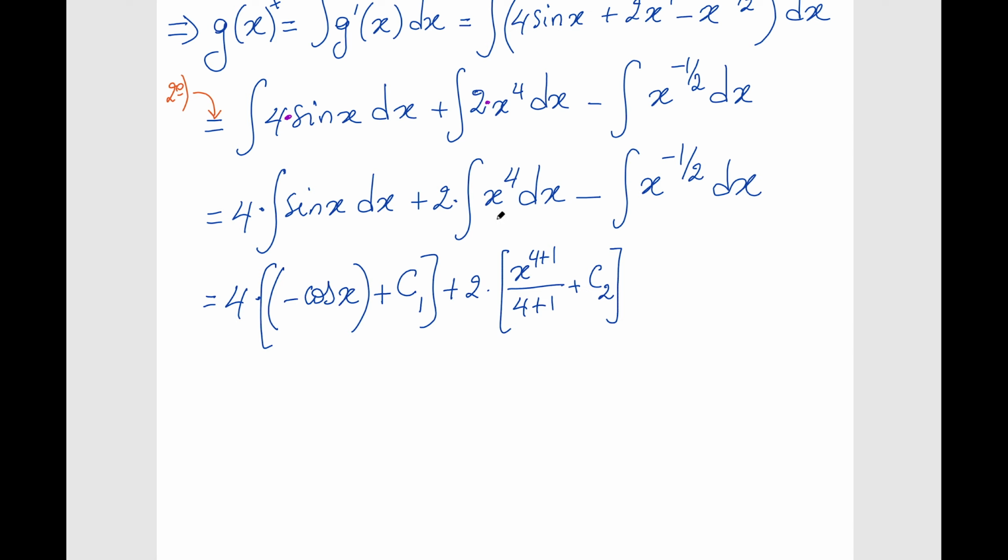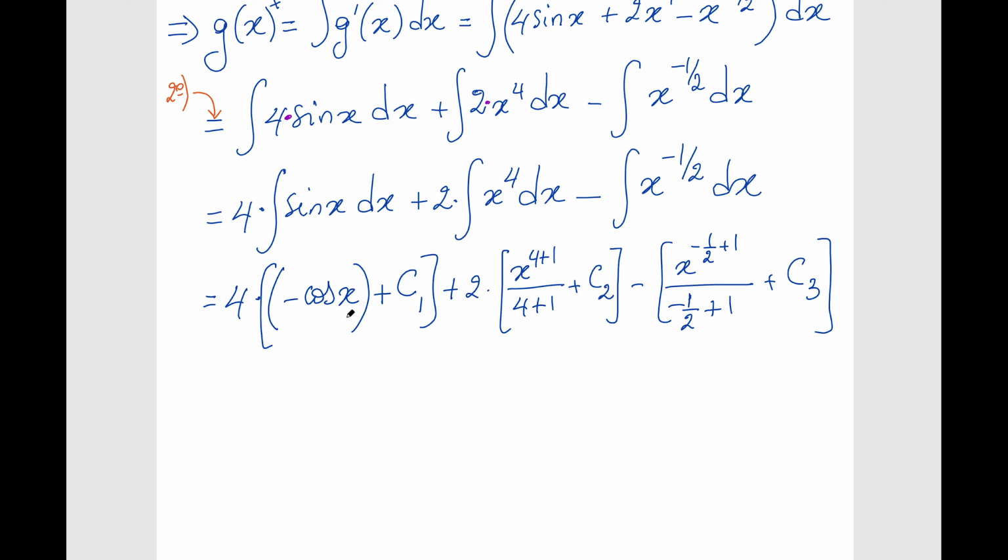Make sense? Minus, same story over here. X to power negative half, if you find a primitive for it, that's going to be x to power negative half plus 1 divided by negative half plus 1, plus some arbitrary constant. How about c sub 3? Make sense?